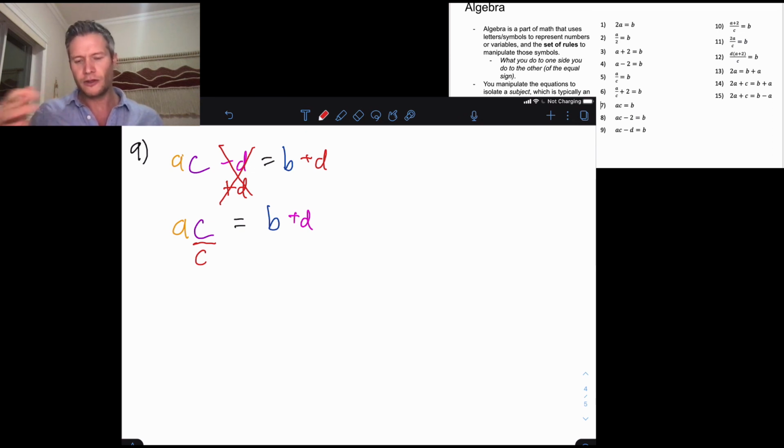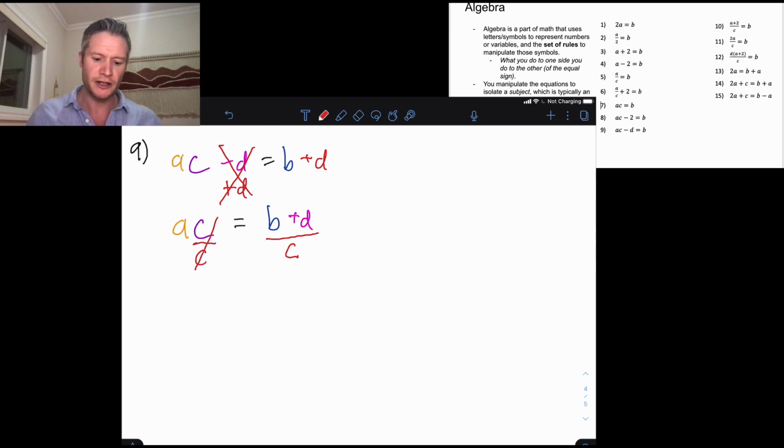And then the tricky part, the catch, is on this other side, you can't just divide C by B or D. You actually have to do the whole plus minus term, because it's addition or subtraction. So that really helped us to move that over first, right?